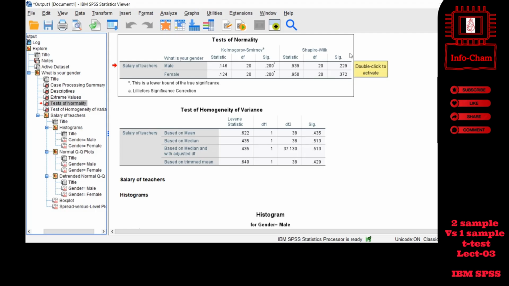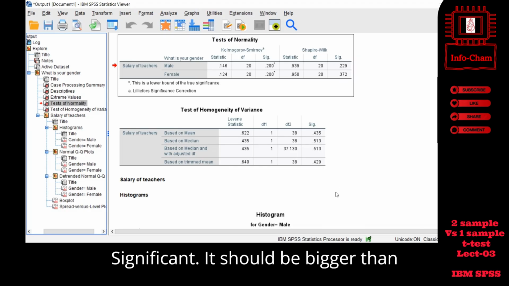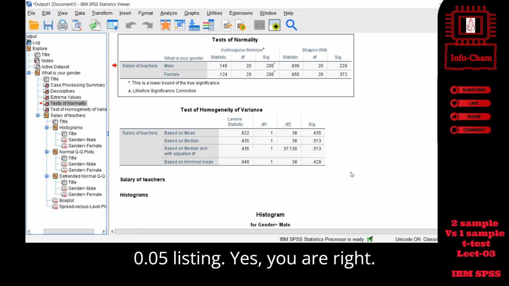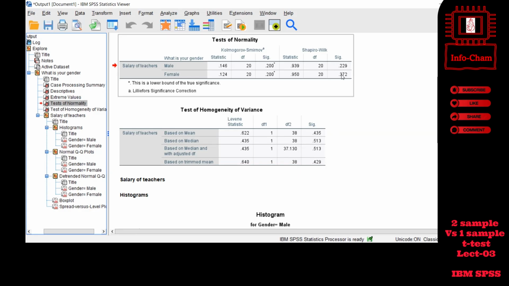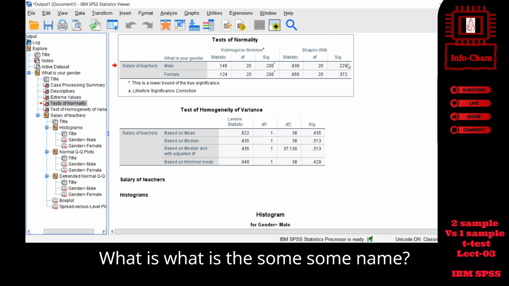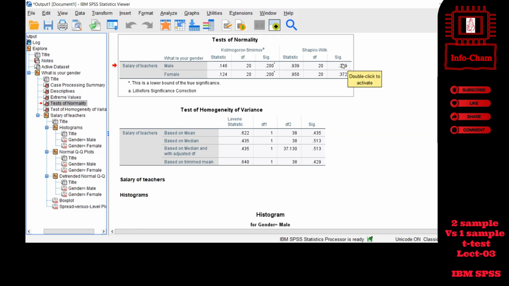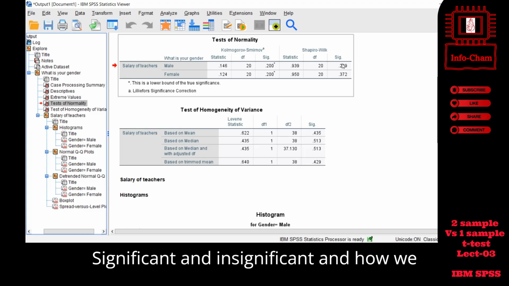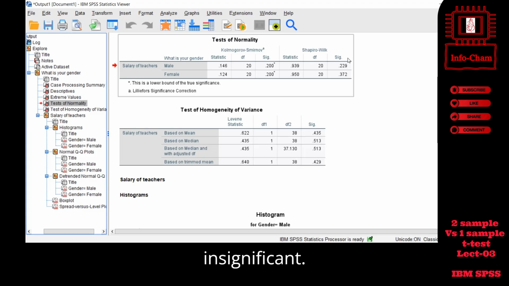What is this one? Do you know what this one is? Significant. It should be bigger than 0.05, this thing. Yes, you are right, but what is the name of that one? Significant and insignificant. And how can we show the significant and insignificant?